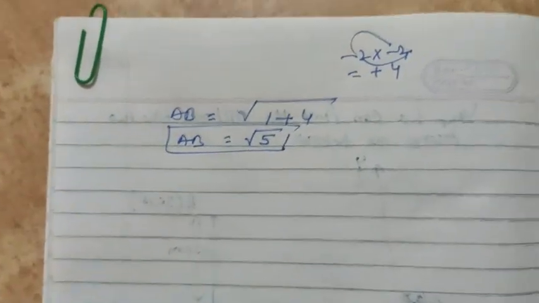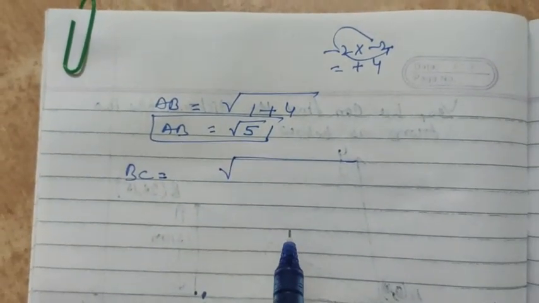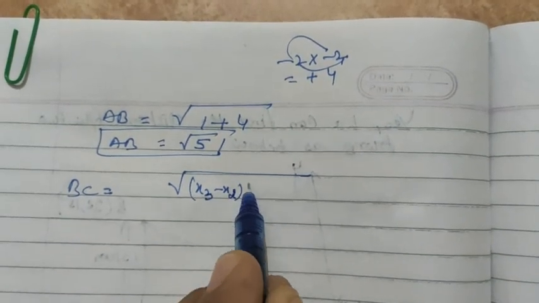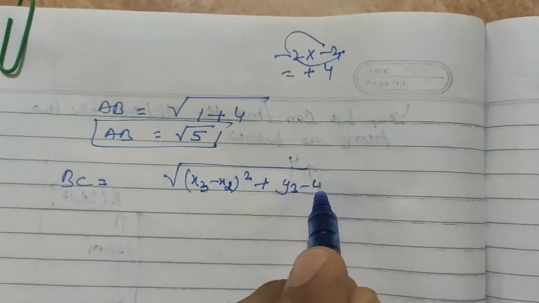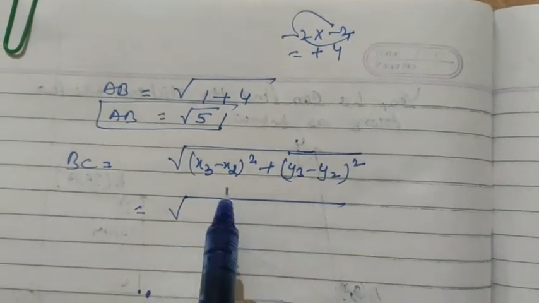Now we are to find BC. BC will be the square root of (x3 - x2) squared plus (y3 - y2) squared.